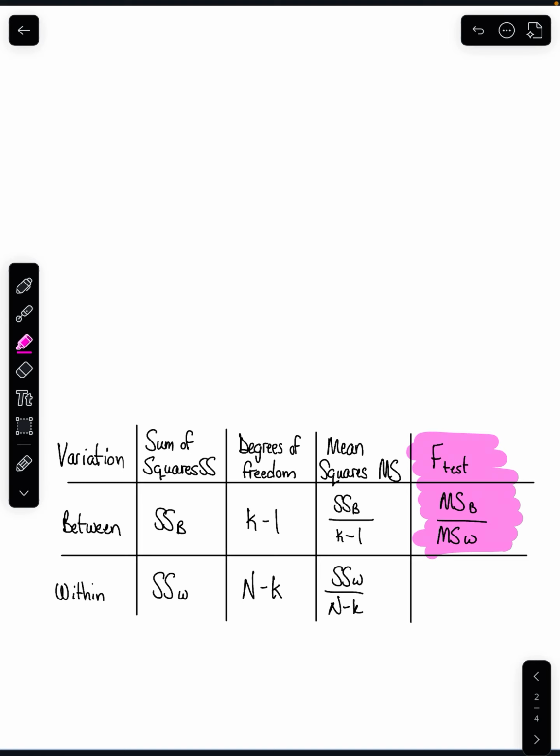Following the rules of the F distribution, the mean squares between the samples will be bigger than the mean squares within the samples, thus resulting in a test statistic, an F test, bigger than 1.